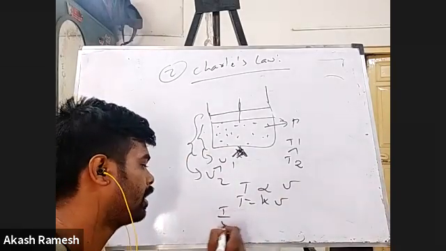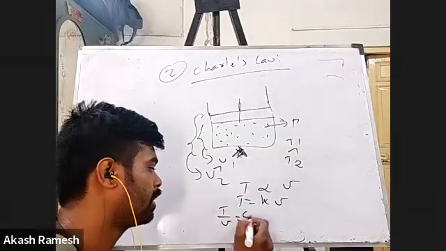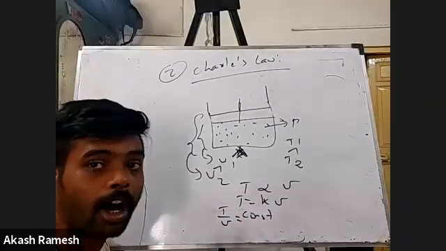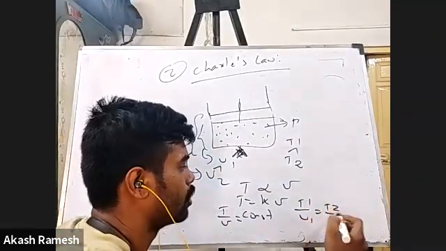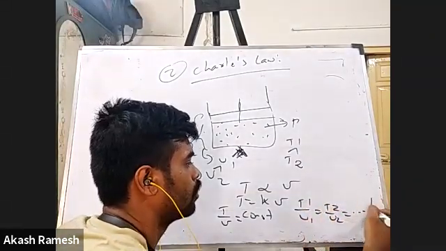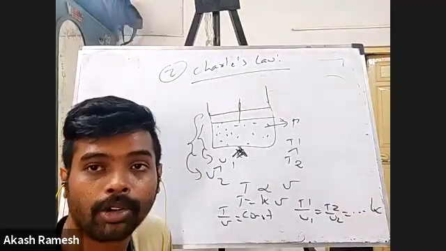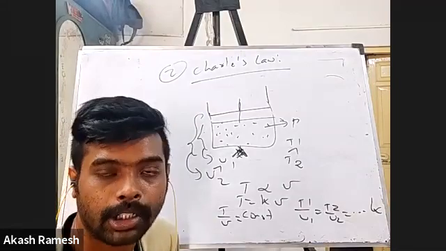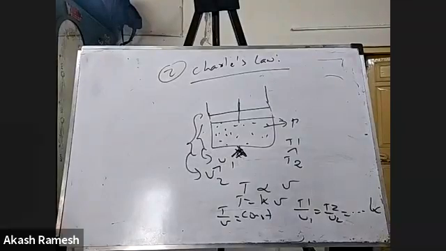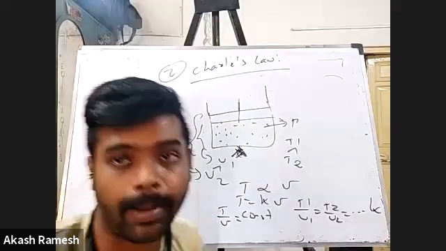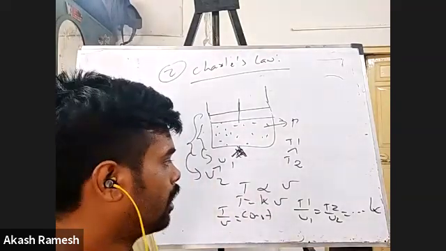Or I can say that the division of T and V is always a constant, or how I wrote in the previous case, I can write like T1 by V1 equal to T2 by V2, equal to T3 by V3, so on and so forth, is some constant, right? Okay, so yeah, it will be constant, right?